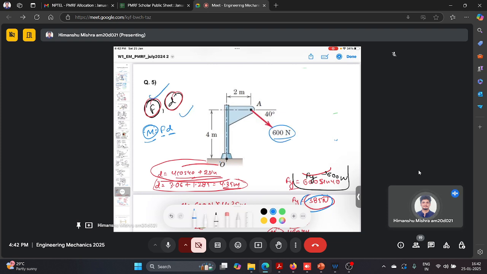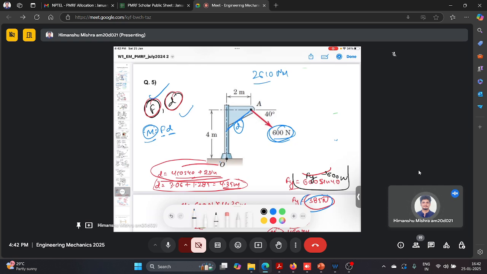So the force is already non-zero and we need the perpendicular distance. So for the first method, we directly draw the perpendicular distance, which is d, for this force 600 Newton. From trigonometry, we calculate d to arrive at the moment, which is 2610 Newton meter.